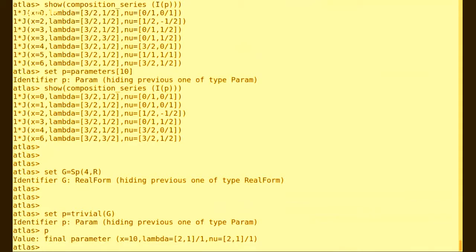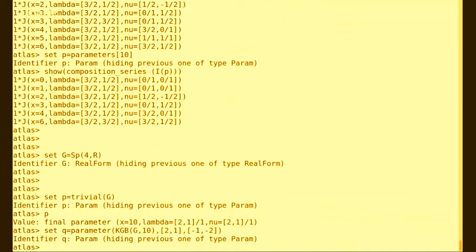What would happen if, for example, I set Q equal to the parameter, and I put in a different nu? What is the effect of that going to be? Well, let's look.